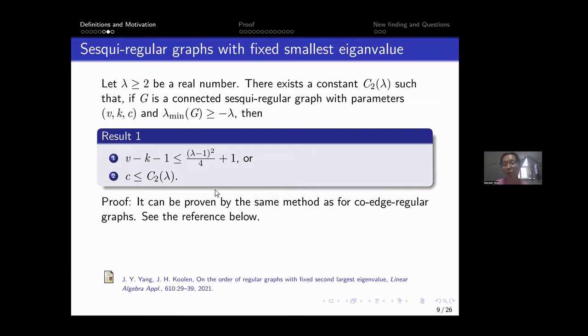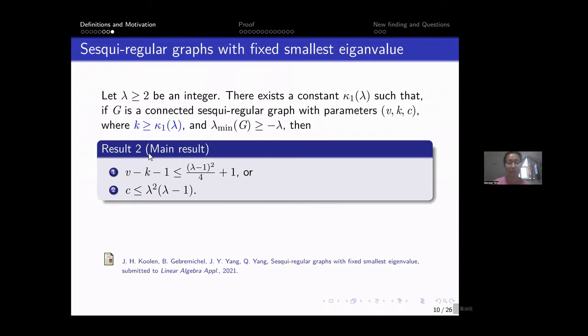The result I want to show in this talk is another one. This is the second result in this paper. It says that if the valency of the sesqui-regular graph is very large, then we can find a constant kappa(lambda) such that the valency of this sesqui-regular graph is not less than kappa(lambda).